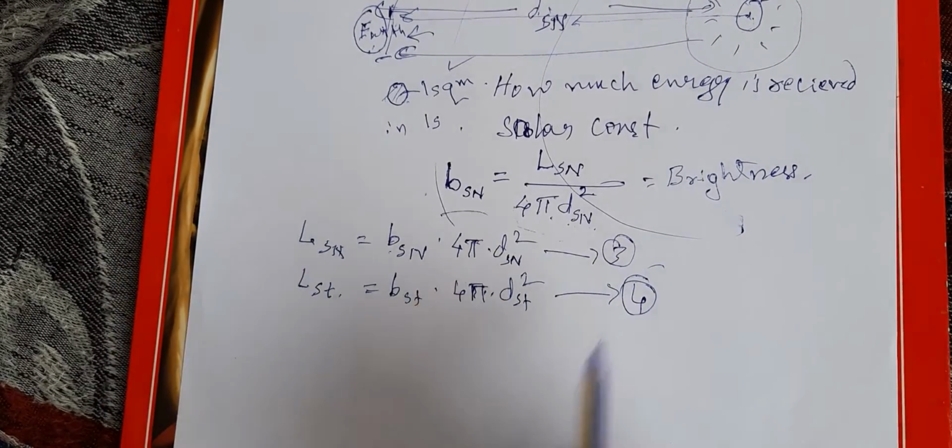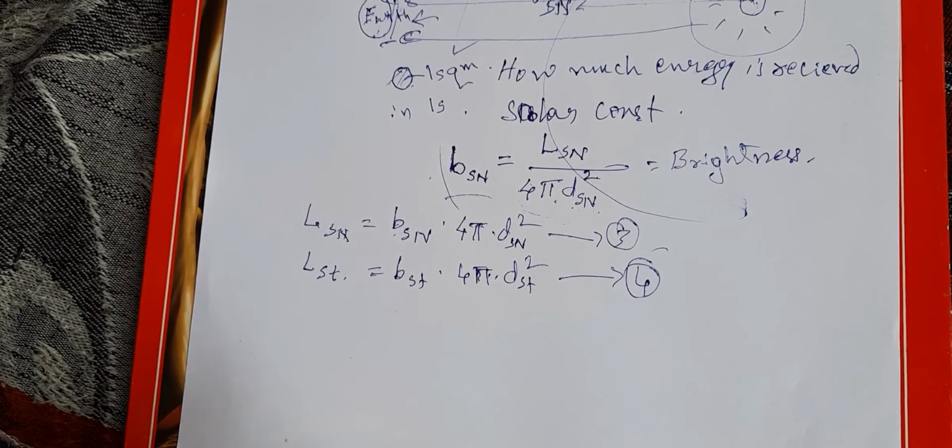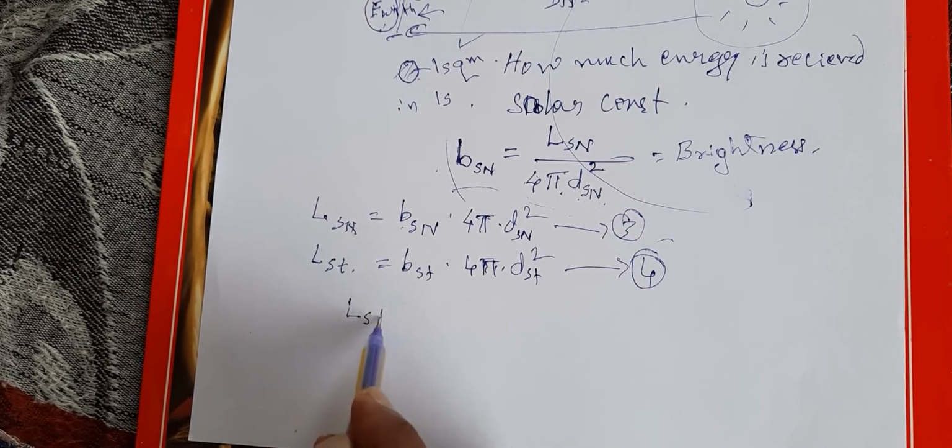Now, dividing these equations by one another, you can calculate the luminosity of the star like this.